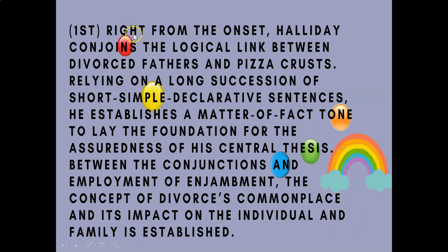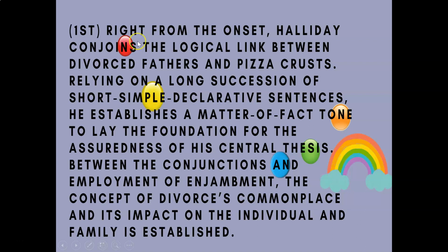Right from the onset, Halliday conjoins the logical link between divorced fathers and pizza crust. So by saying conjoined and logic, I'm basically getting into theme. In an AP language kind of sense, I'm at his logos, right? So by saying conjoined, I'm also at dichotomy, juxtaposition, binary, if I want to go that route, right?